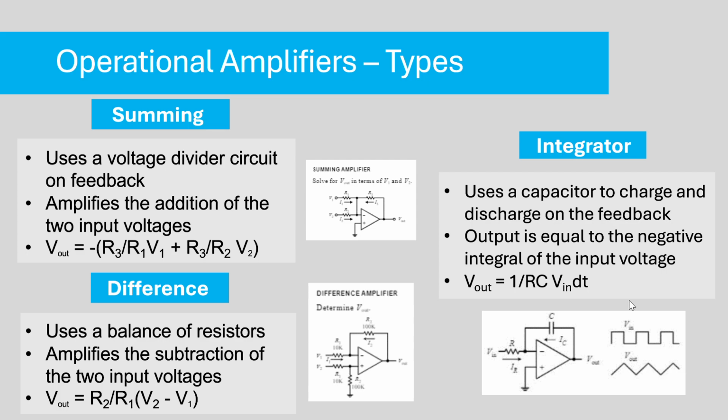The output here is equal to the negative integral of the input voltage. And that's why it's called the integrator circuit, it's essentially simulating an integration of this input over time. The way we calculate the output here is 1 divided by our resistance times our capacitance, times the voltage in over time.